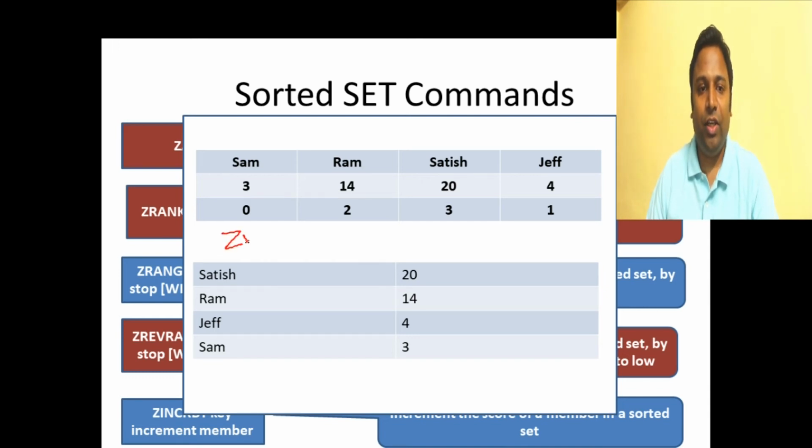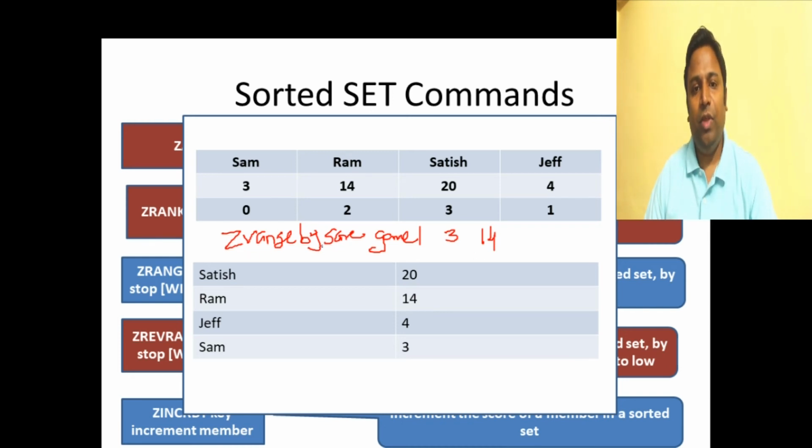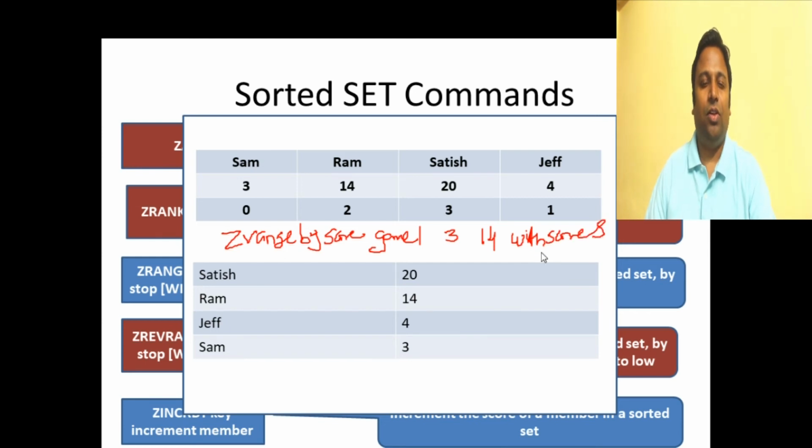For that I have to give the command ZRANGEBYSCORE. We have to give the set name, and then the starting score and ending score. So it's like print me all those members who have scored between 3 and 14, and we can also give with scores. Let's go and try this one.